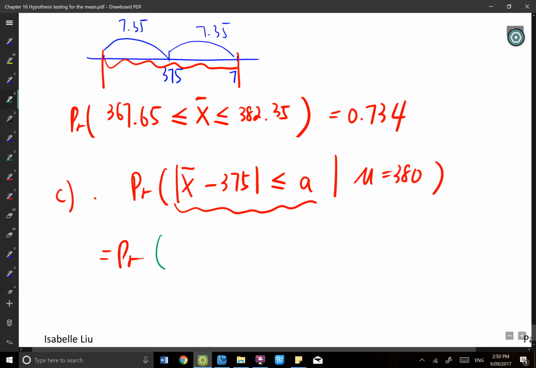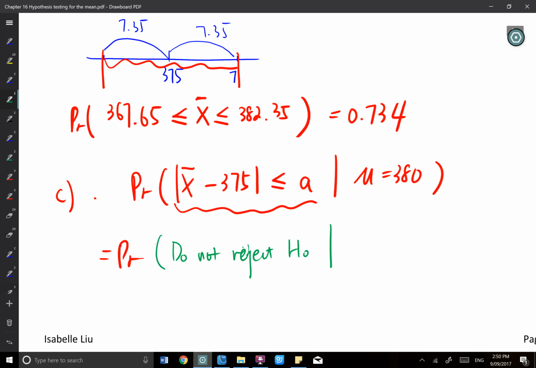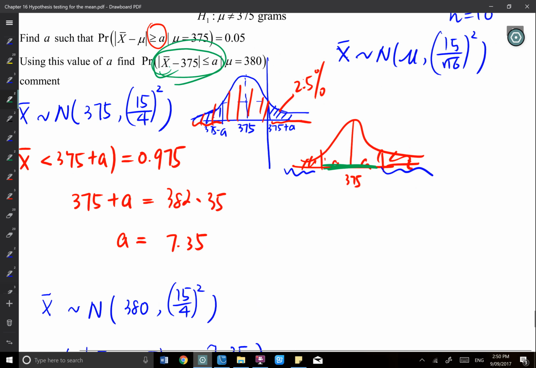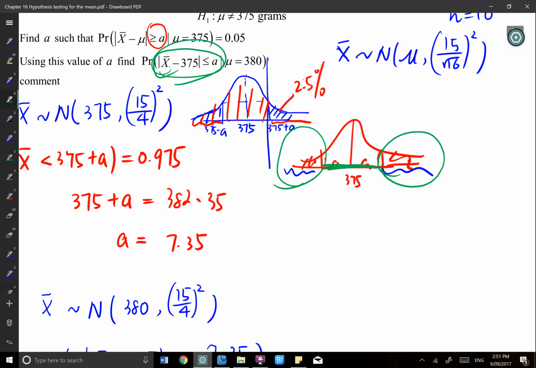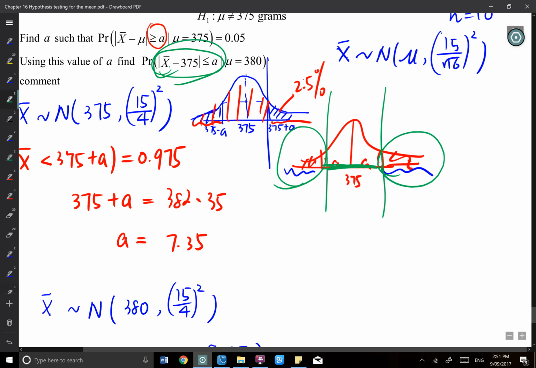So this is the probability. Do not reject H0, because you observe something where the p-value is greater than 5%, inside the 2 distance. Your actual reject part is that part, and that part you should reject. But what you have is X bar minus 375 less than A, which is all the values in between here. You do not reject it.